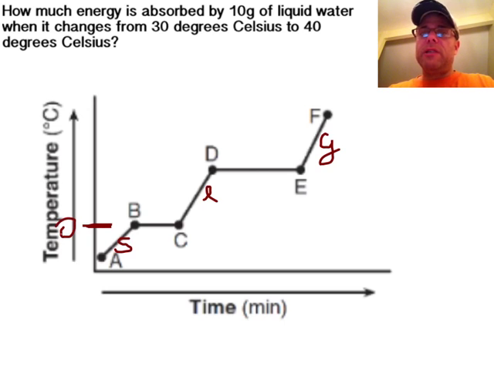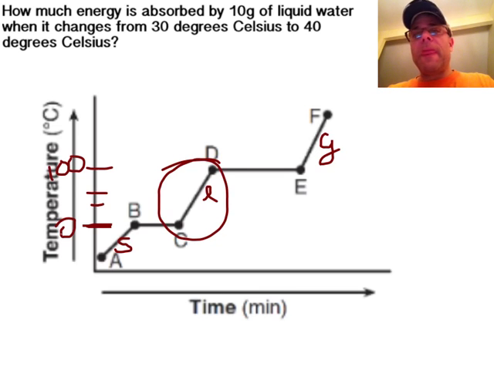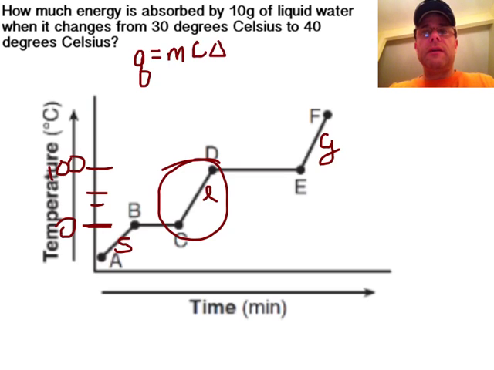We know that this is 0 degrees, this is 100 degrees, so 30 and 40 would be in here. So our formula lives in there. And if we're having a change in temperature, we are going to be dealing with the one that deals with change in temperature. Q is equal to mc delta T, because delta T is a change in temperature.